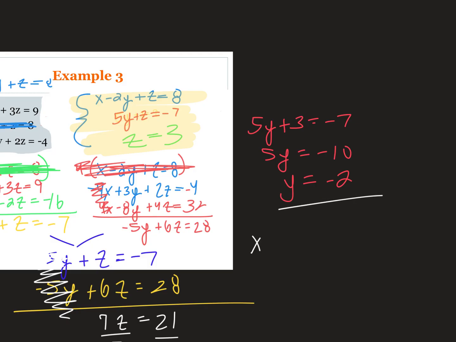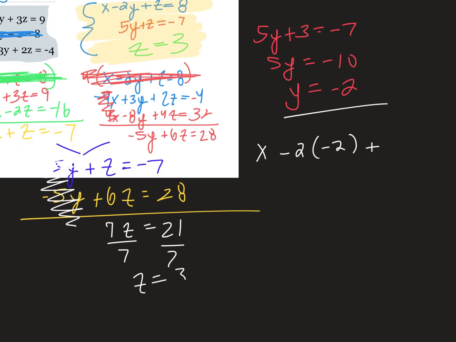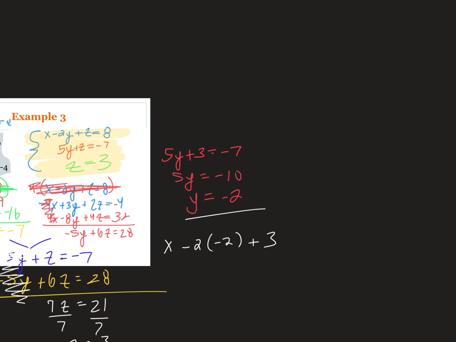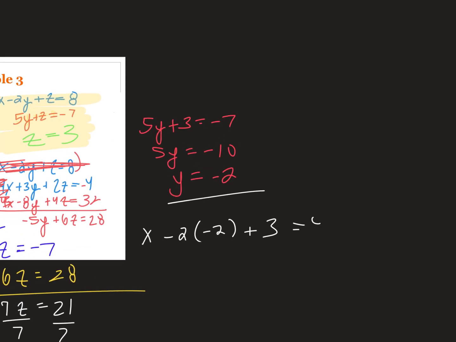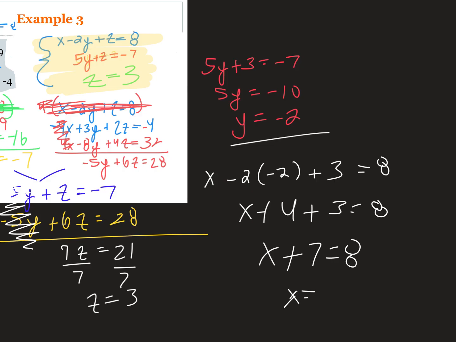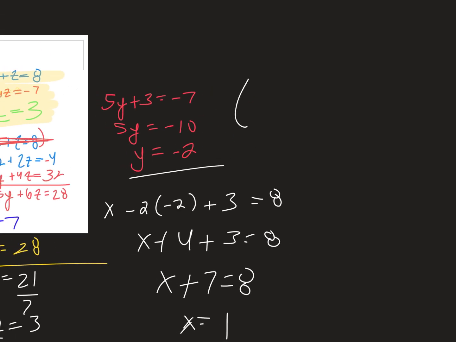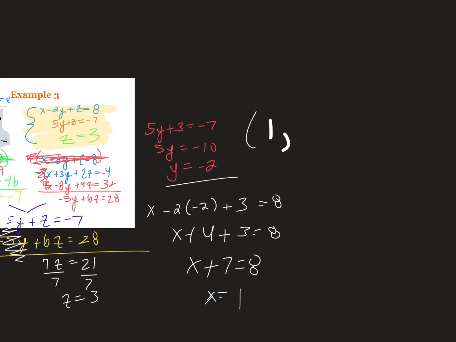So x minus 2 times -2 plus z, which was 3, equals 8. So x plus 4 plus 3 equals 8. X plus 7 equals 8. So what does x equal? 1. So your ordered triple is 1, comma, -2, comma, 3.